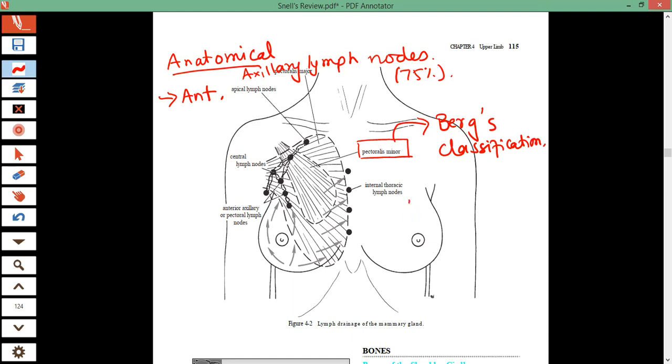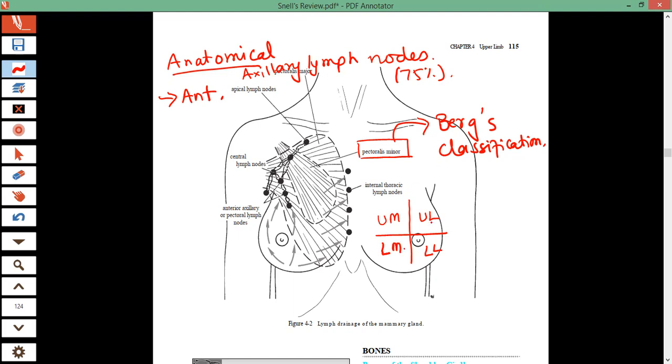Now we divided this breast into 4 quadrants, like this. Okay. So now see, this is the upper lateral quadrant, this is the lower lateral quadrant, this is the upper medial quadrant, this is the lower medial quadrant.